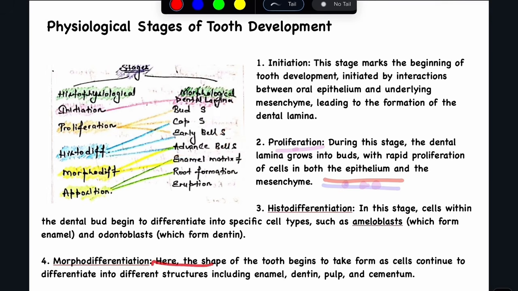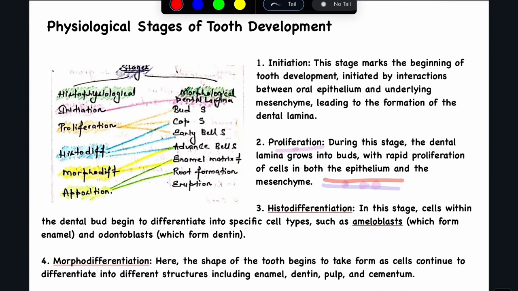Similarly, morphodifferentiation. The shape of the crown has been taking place from the advanced bell stage and enamel matrix formation. Sorry, not the root formation, but the shape of the crown has been determined throughout the advanced bell stage and enamel matrix formation. So morphodifferentiation overlaps between the advanced bell stage and enamel matrix formation.